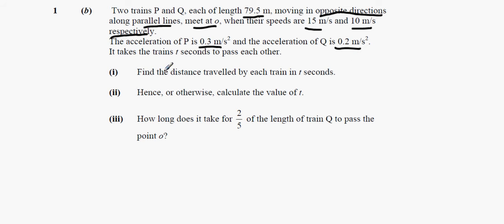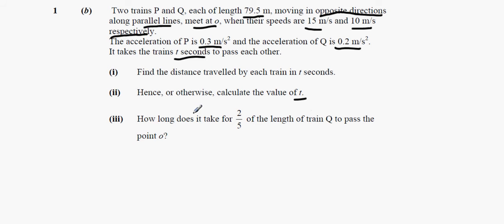It takes the trains t seconds to pass each other. Find the distance travelled by each train in t seconds, hence or otherwise calculate the value of t. How long does it take for 2/5 of the length of train Q to pass the point O?